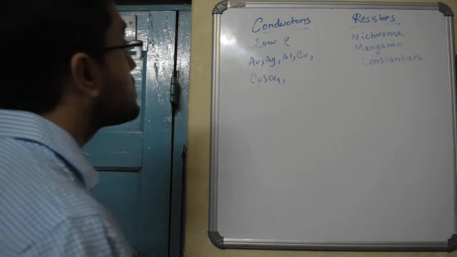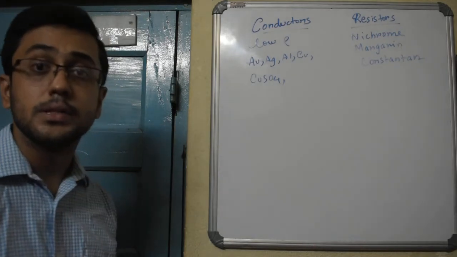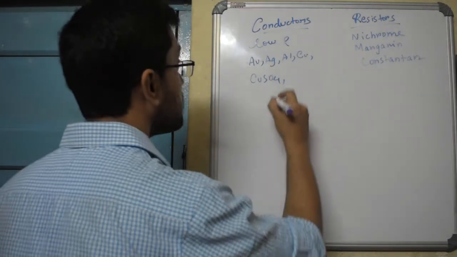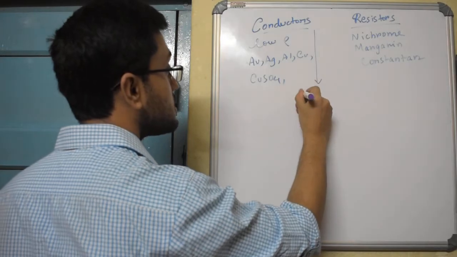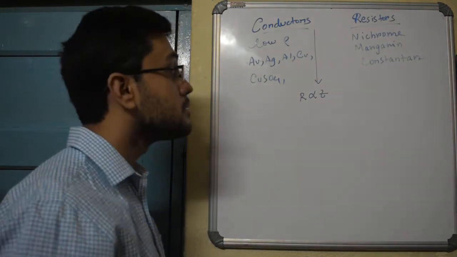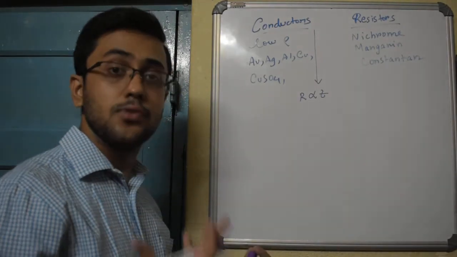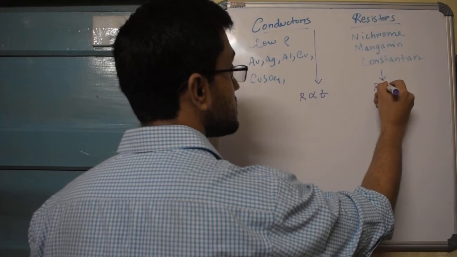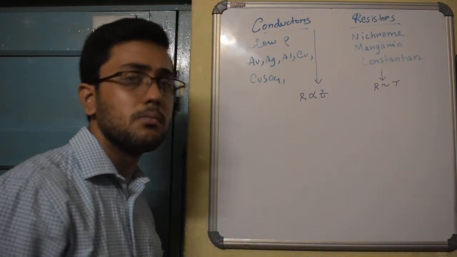And how does this resistance or resistivity vary for conductors or for various kinds of alloys and semiconductors? For the conductors, resistance is directly proportional to temperature. As temperature increases, resistance increases, as we already discussed before. For the resistors, resistance remains practically unchanged with temperature.